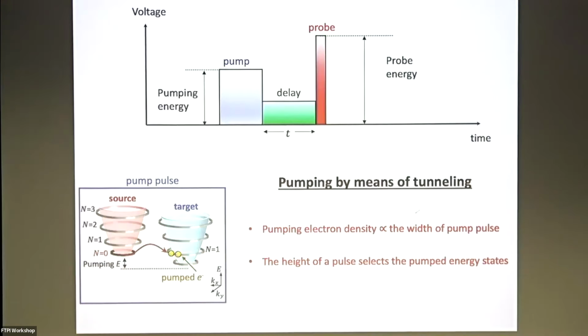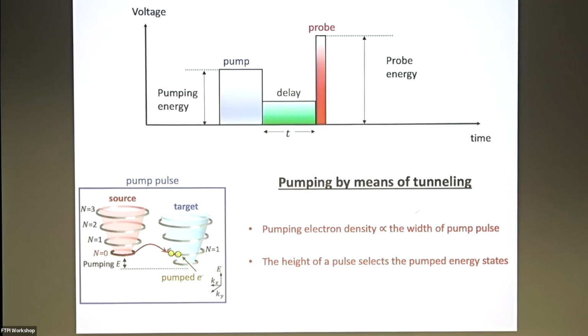These are excited states, and the target will vary its DC electron density, and you'll see that the energy decay from n=1 down to n=0 depends on the density in the target.